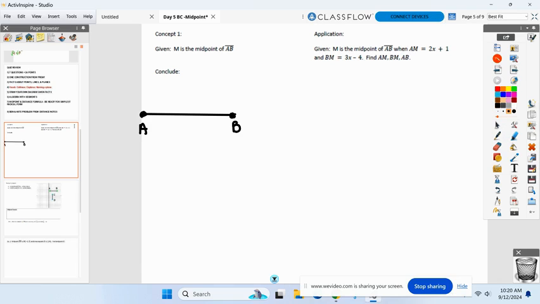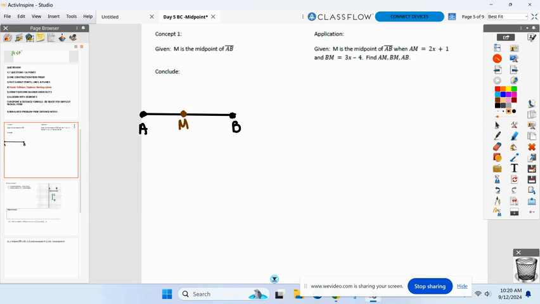M is the midpoint. If it's a midpoint, it is right in the middle of the line segment. It breaks your line segment up into 2 congruent line segments. So eyeball this right now, please. We don't need to measure it. Put M somewhere where you think it's the middle of the line segment.